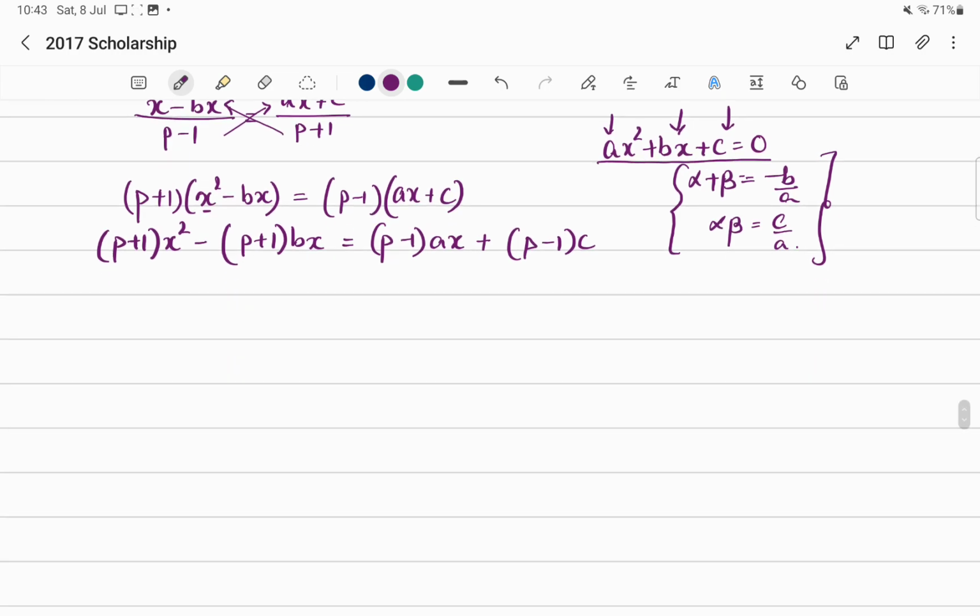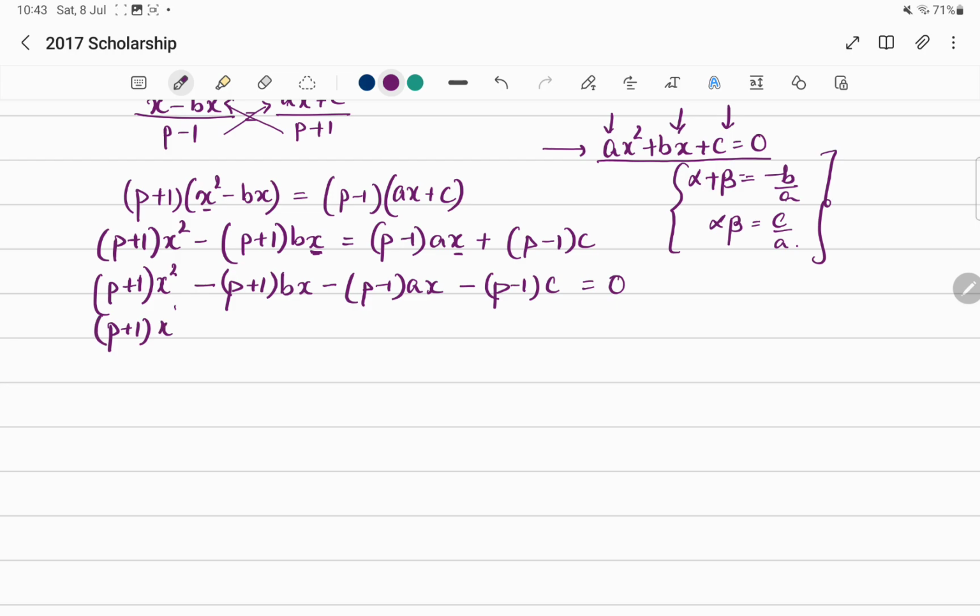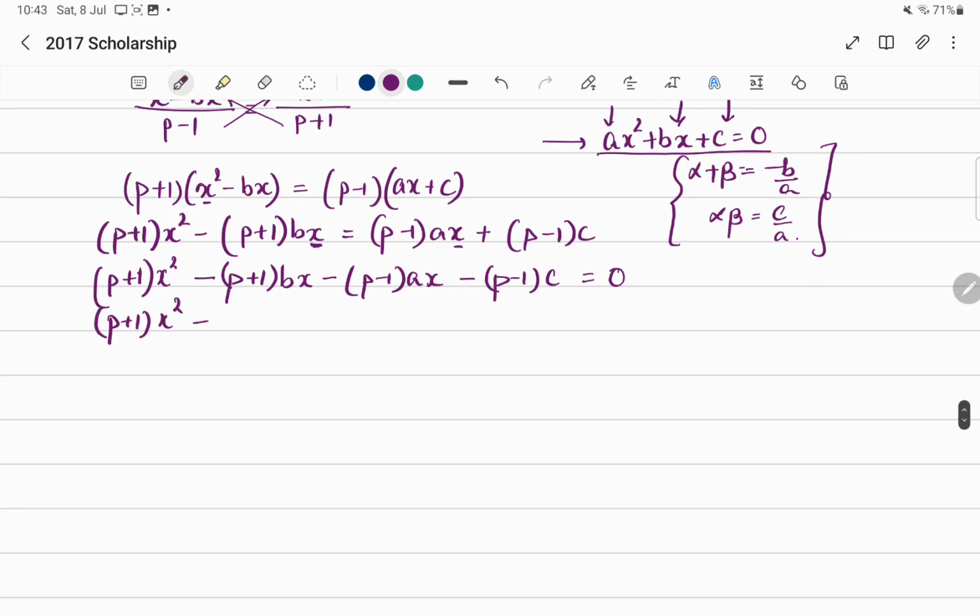So let's put it in the standard form. There are two x values, so it's going to be (p plus 1)x squared minus (p plus 1)bx minus (p minus 1)ax, and when c comes to the other side, it's going to be minus (p minus 1)c equals 0. Now, one more step to simplify: let's put the plus outside so we don't have to worry about the signs.